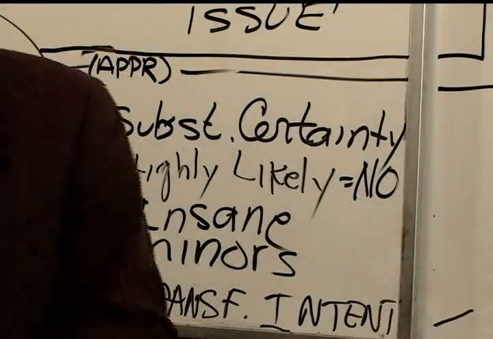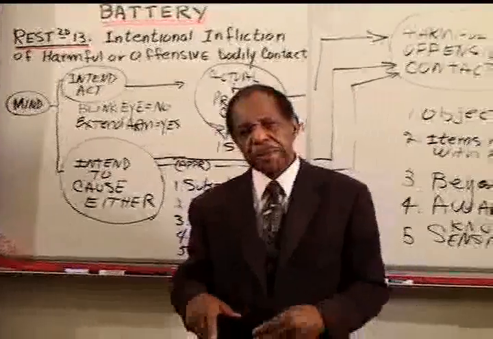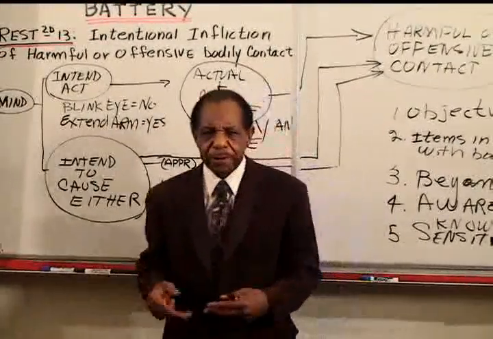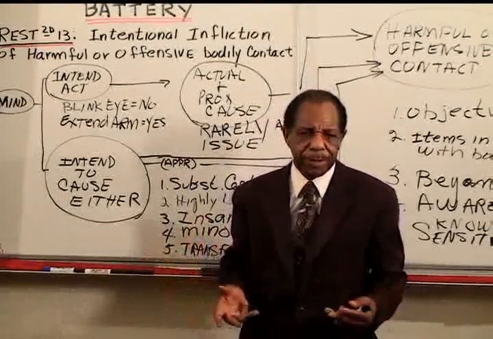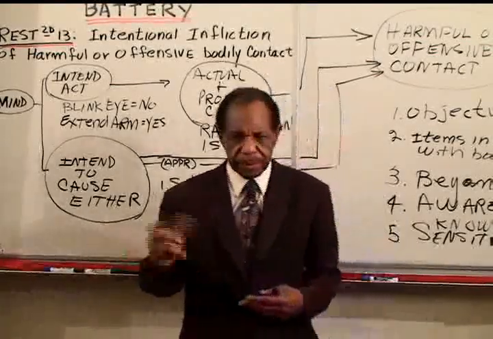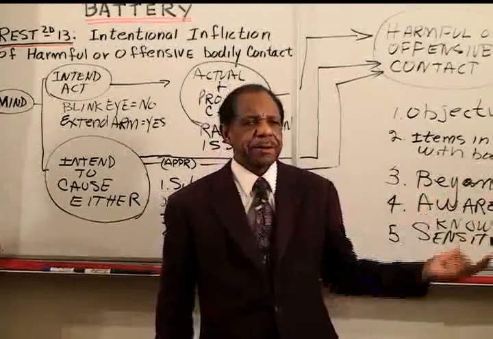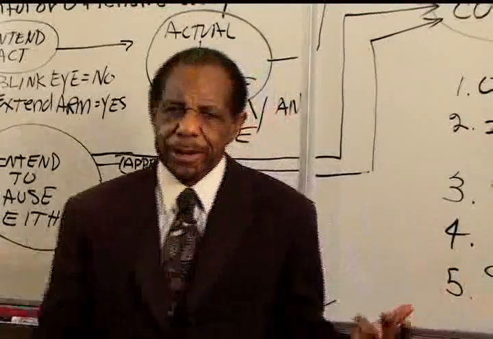You recall that the deal is that if I'm trying to assault someone and I end up battering them, that's okay. The intent for assault is good enough for battery. If I'm trying to batter somebody and I end up assaulting them, that's perfectly okay. The intents can be transferred. If I'm trying to assault A, but I battered B, that's okay too. If I'm trying to batter X, but I assaulted Y, that's okay too.